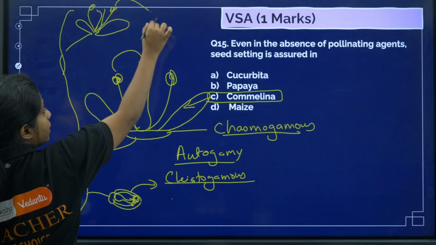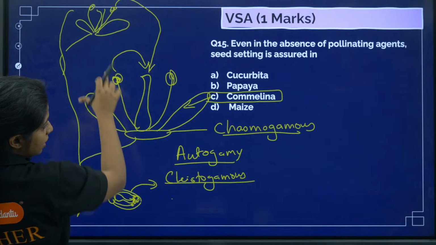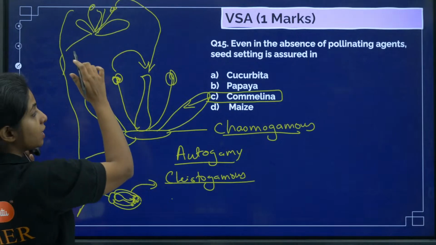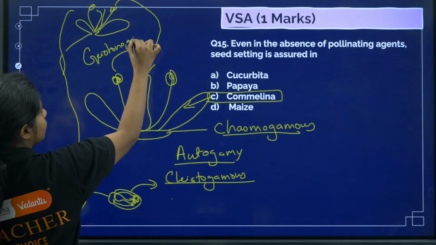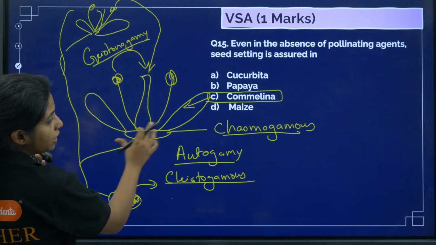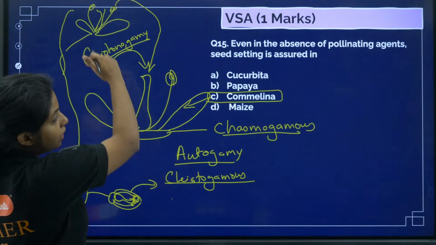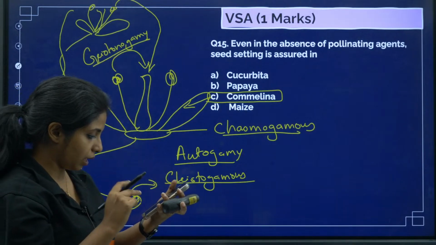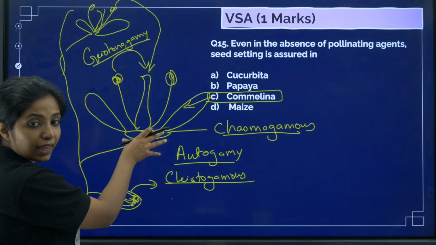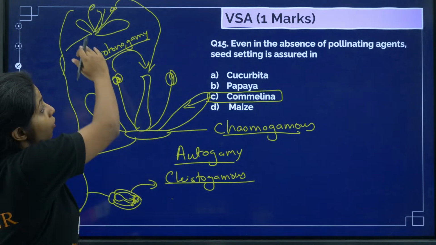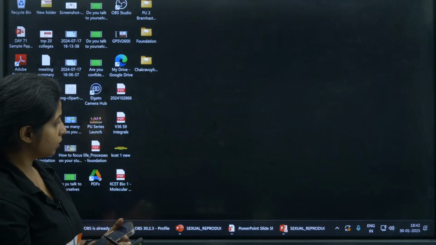From here also the pollen grains can come and land on this. So it's in the same plant, but two different flowers are there. You call this gytenogamy. When it is happening in the same flower, autogamy. Different flower of the same plant, gytenogamy. So over here it is just autogamy. Over here it can be autogamy or it can be gytenogamy as well.